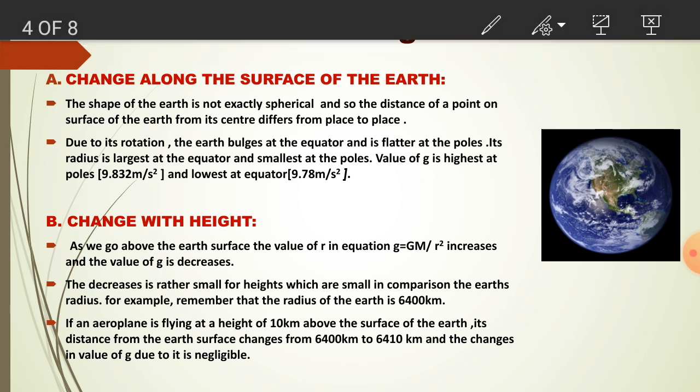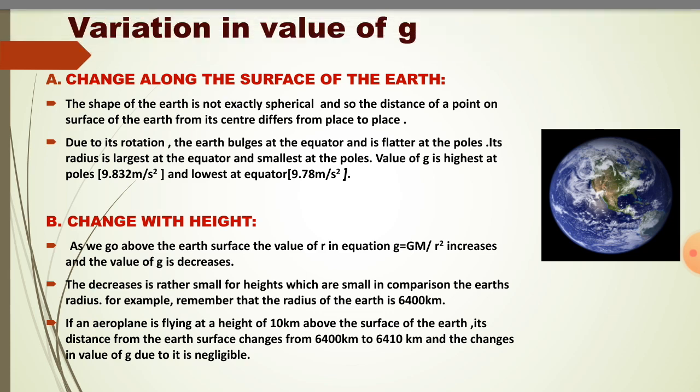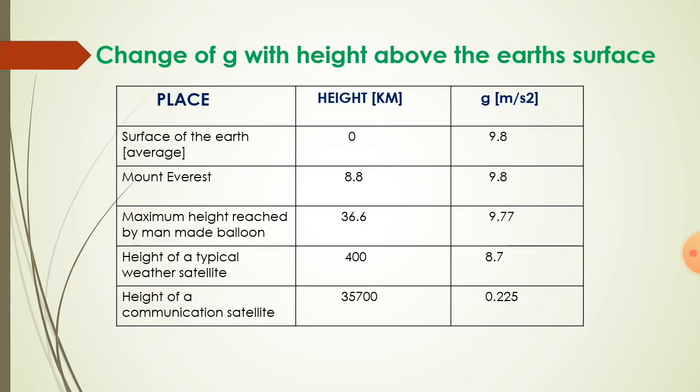Okay, so now we are going to see one table, and this table shows the change of g with height above the earth's surface. At the surface of the earth, the height is 0 kilometer, and g is 9.8. At Mount Everest, height is 8.8 kilometer, and the value of g is 9.8.